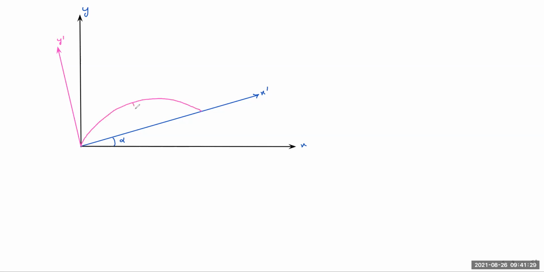So my question is, what is the maximum y dash? That is, what is the h max from the plane? So we know that at h max from the plane, the velocity will be parallel to the x dash, right? So v y dash will be 0. So find h max. Do this.